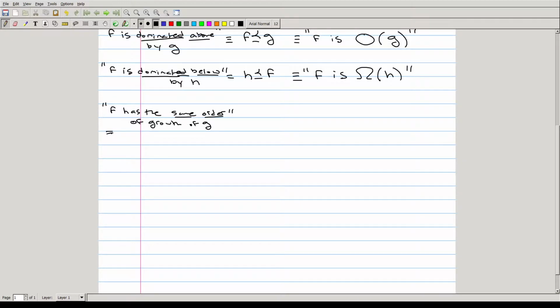By the way, this is equivalent to saying that f is, instead of g, to make things a little bit more clear, I'm using a different function, I'll say L. This is the same thing as saying that f is bounded both above and below by the function L.